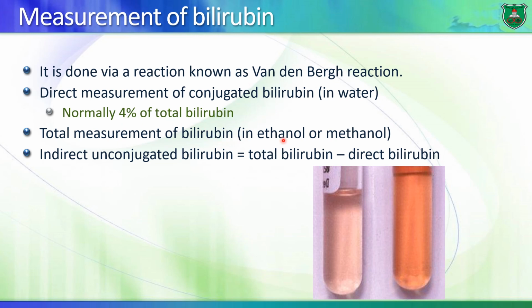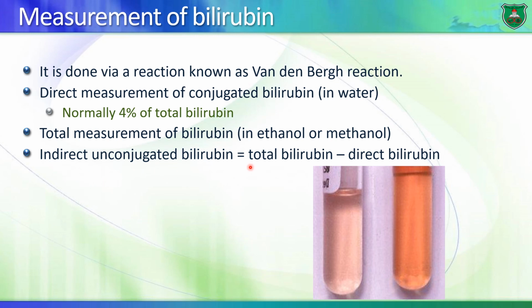Now if it is done in ethanol or methanol, these two solvents would allow for bilirubin to be soluble, and it can be measured. So what you have in here is that you're measuring all bilirubin molecules in a sample in order to know the concentration of the unconjugated bilirubin, which is known as indirect bilirubin.